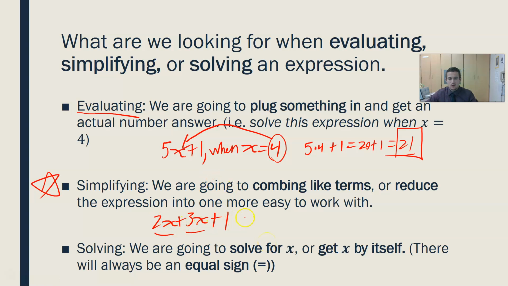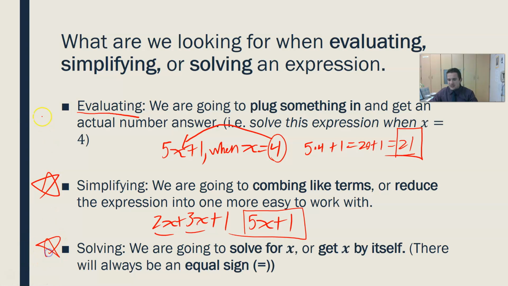So I can combine 2x plus 3x, which is 5x, plus 1. I can't do anything else. I'm not given anything to plug in. There's no equal sign or anything like that. So this right here would be my simplified final answer. When I'm simplifying a mathematical expression, I'm just combining like terms or reducing the expression down to as small and easy to work with as I can.